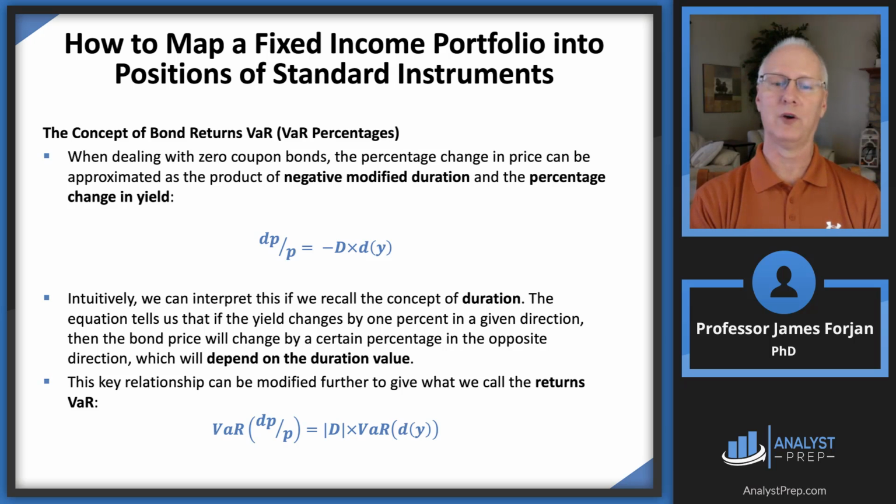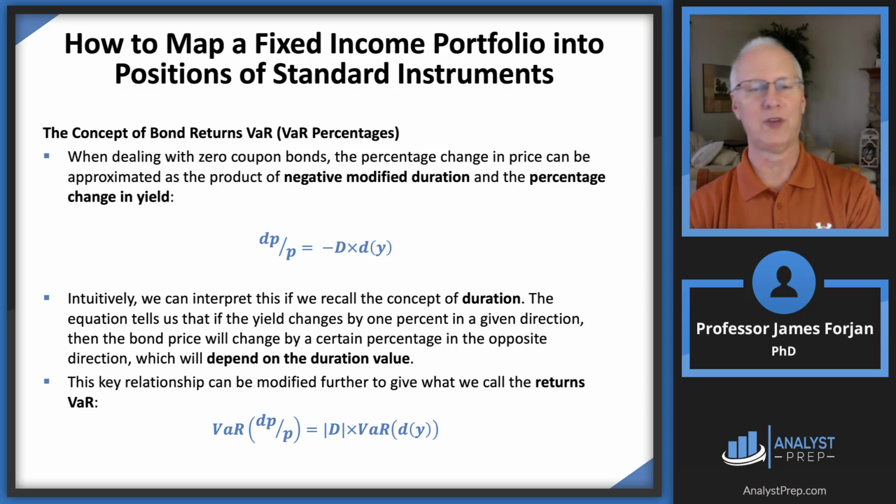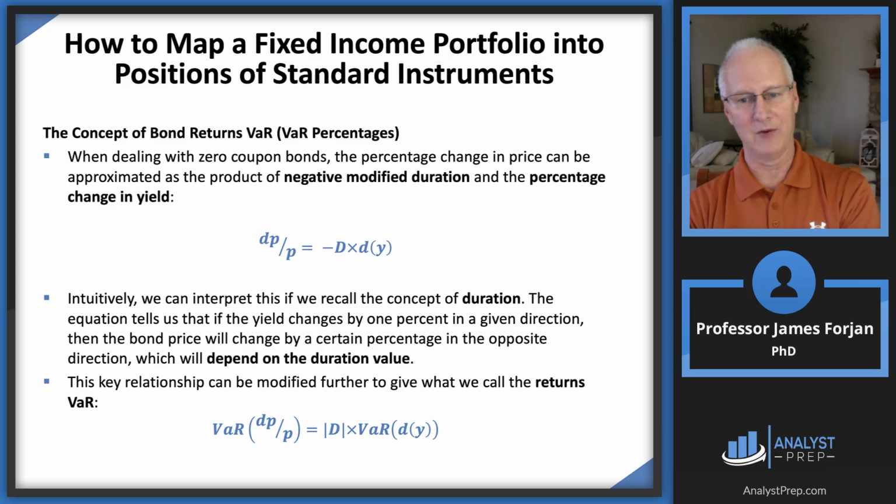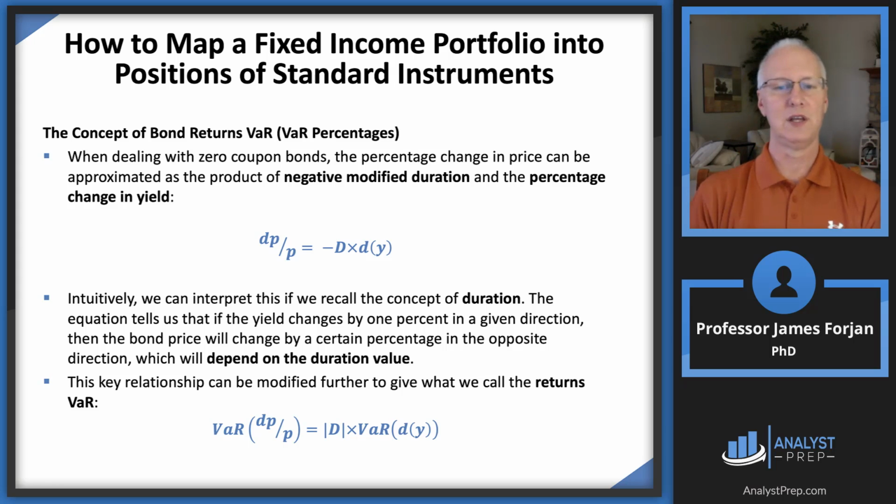So what we want to do is calculate the value at risk of the percentage change in price. We call that the returns value at risk. And that's going to be equal to the absolute value of the duration, and we use the absolute value sign because we don't really worry about the negative when we're doing value at risk. So we're going to multiply the duration times the value at risk of the change in yield.